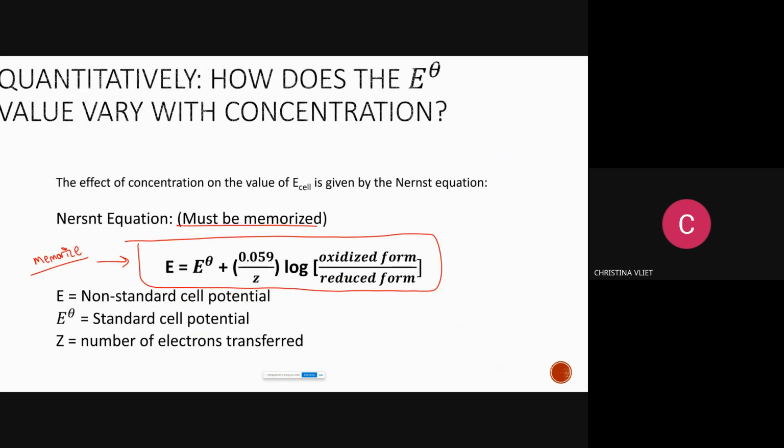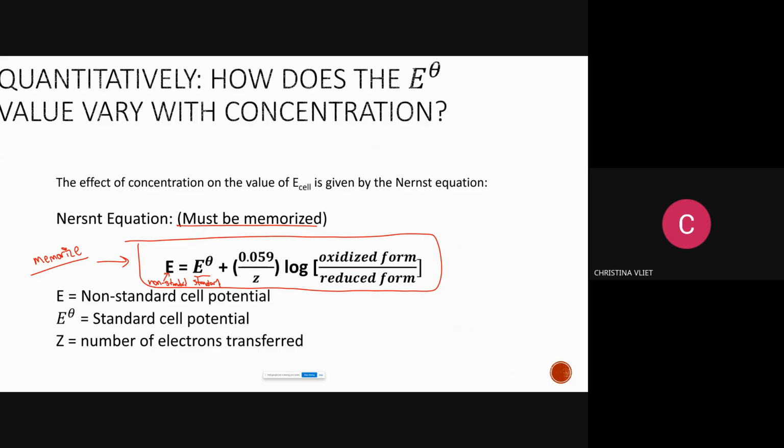So E equals E naught. This is the standard cell potential. And then this right here is non-standard, like at your altered concentration. And so you have 0.059 on the top, Z on the bottom.